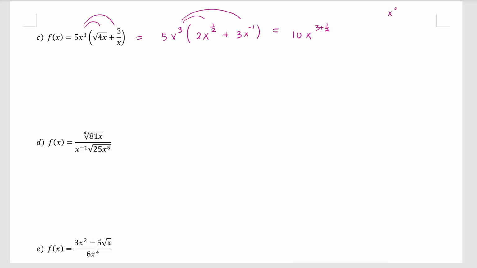So x to the a times x to the b is x to the a plus b. x to the a to the b is x to the a times b. And then we have 5 times 3, 15, x to the 3 minus 1. So this is 10, x to the 3.5, that is 7/2.